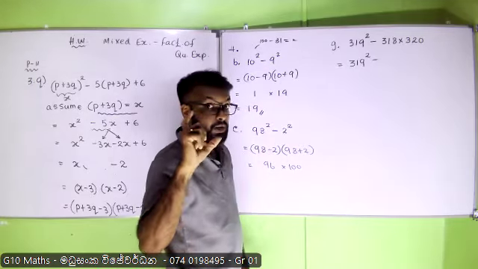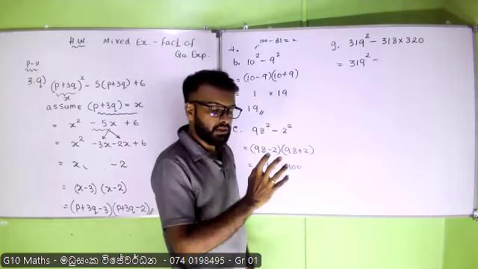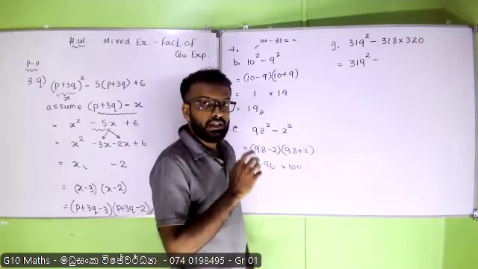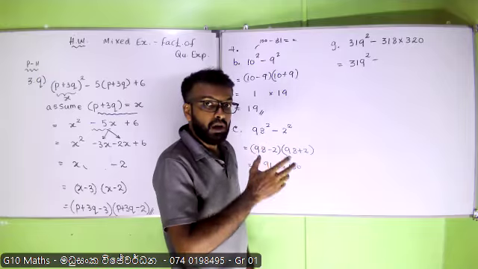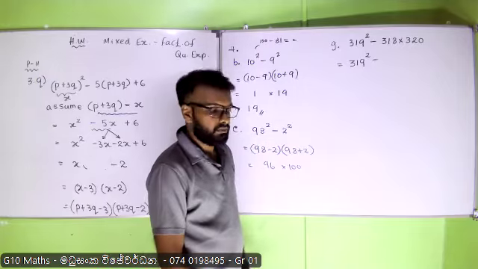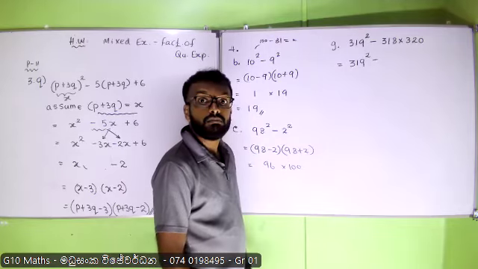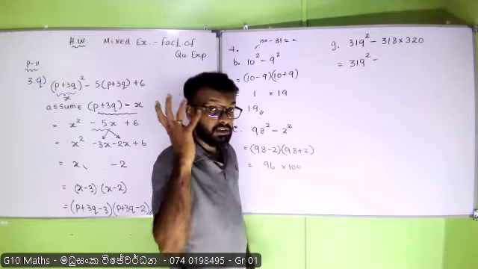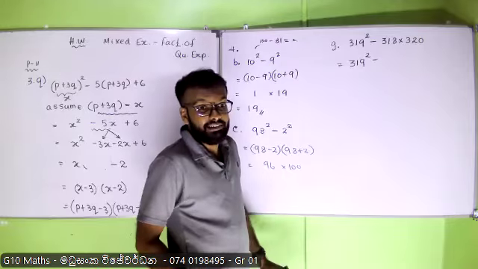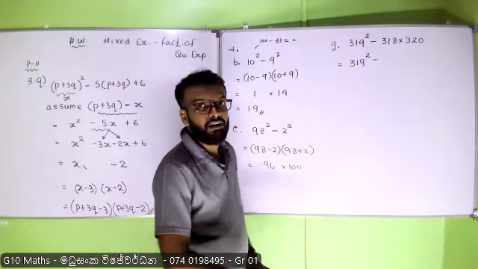I'm asking a simple question. Can you represent 318 by means of 319? No idea. I'm giving you the hint. 319 minus 1. Yeah.